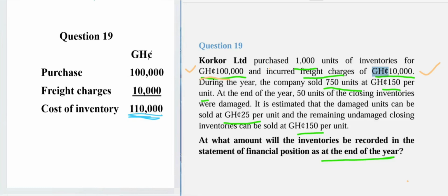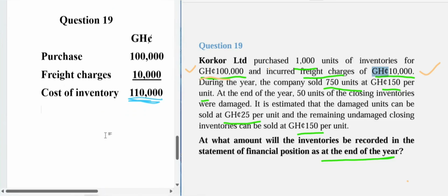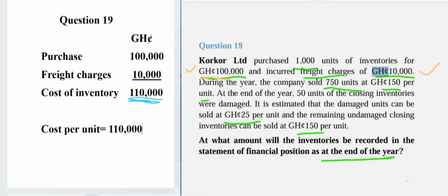So let's get the cost per unit. If you want to get the cost per unit of the inventory, that would be the 110,000, then we divide it by the 1,000 units.